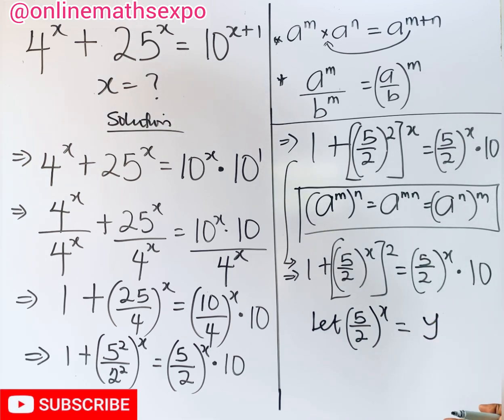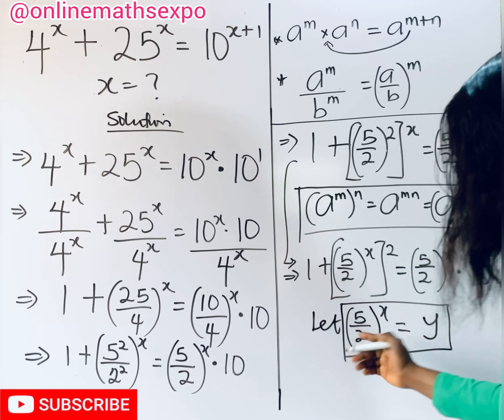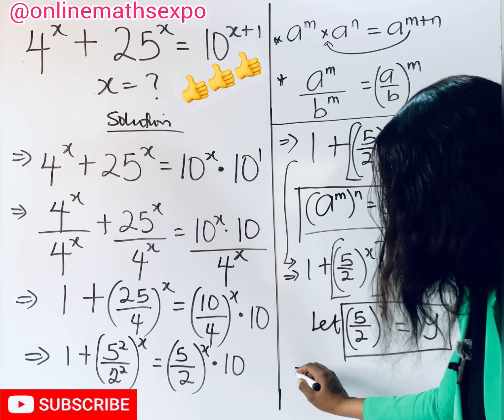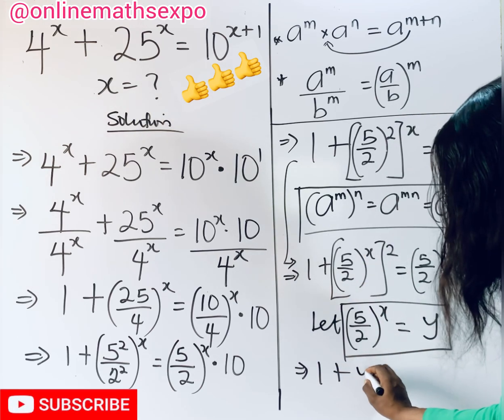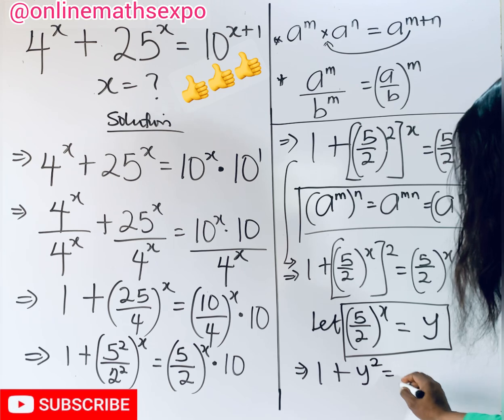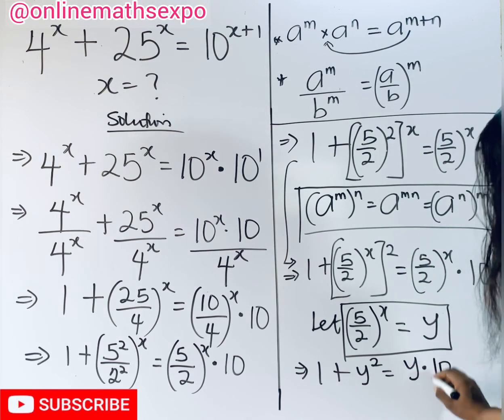You can choose any. So if that is the case, you are going to substitute it here. So this gives us 1 plus, the whole of this takes y, so you have y squared is equal to, this takes y, and y will be multiplied by 10.